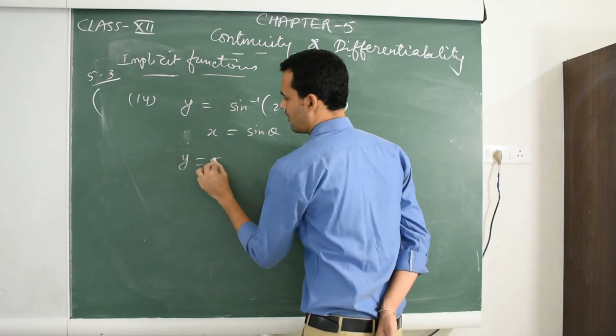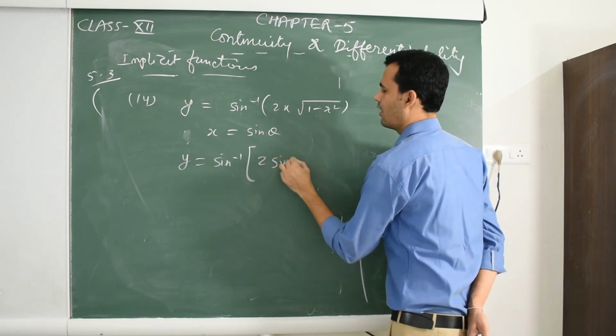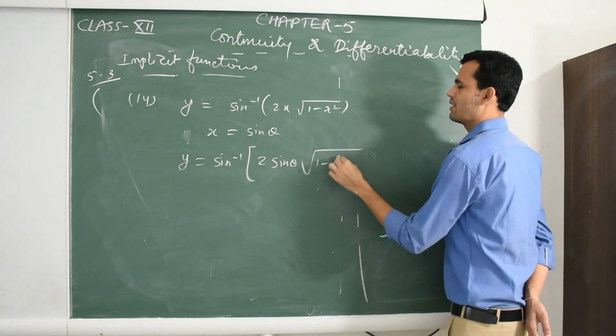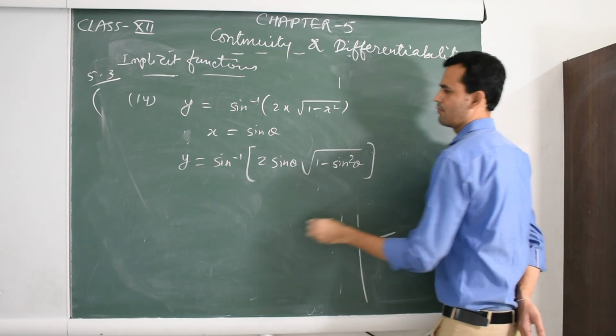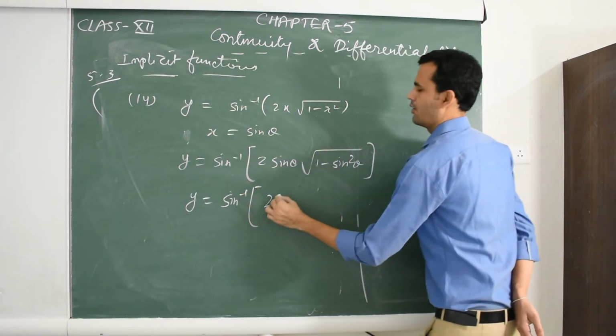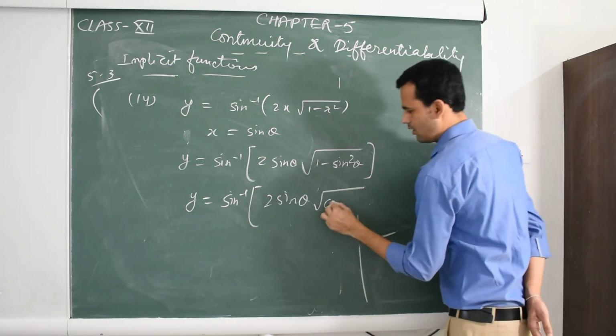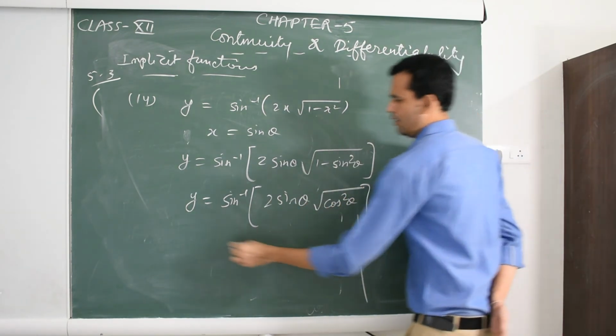So what we get? y equals sine inverse of 2 sine theta root 1 minus sine square theta. 1 minus sine square theta is cos square theta.